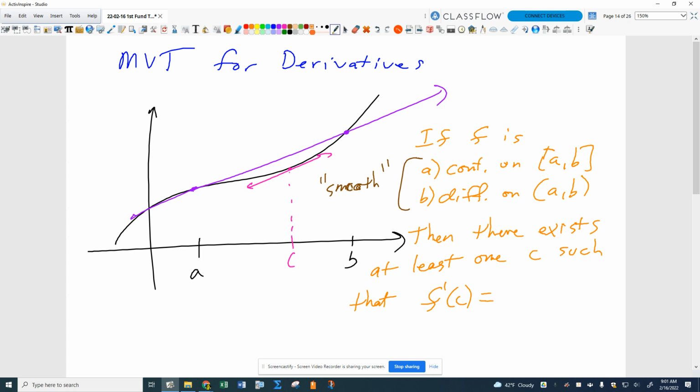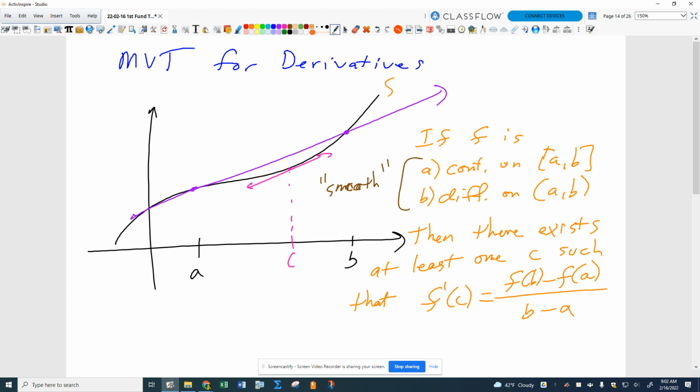It's just the difference quotient, right? That's how we always define the slope of a secant line. Remember, this function is f. Just rise over run. How would I say that? There you go. f of b minus f of a over b minus a, right?